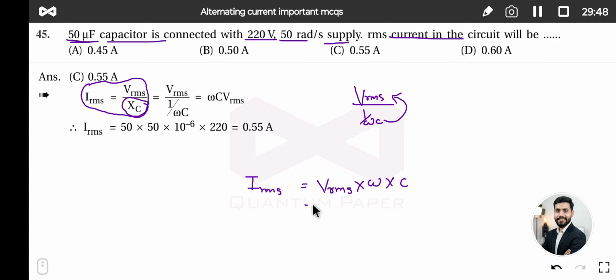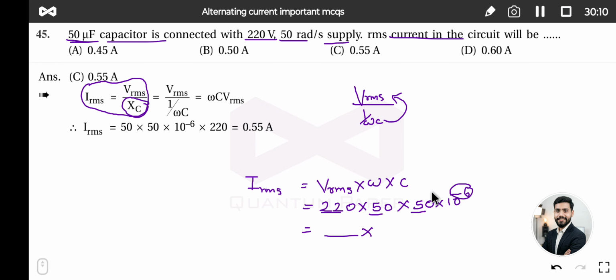IRMS is equal to the value of VRMS, which is 220, omega, which is given to be 50 radian per second, and capacitance value is given as 50 microfarad. That means 10 raised to minus 6. If we multiply 22 into 5 into 5, we'll get some number. And for the 10 raised to minus 6, the zeros combine, so 3 zeros we have to add up.